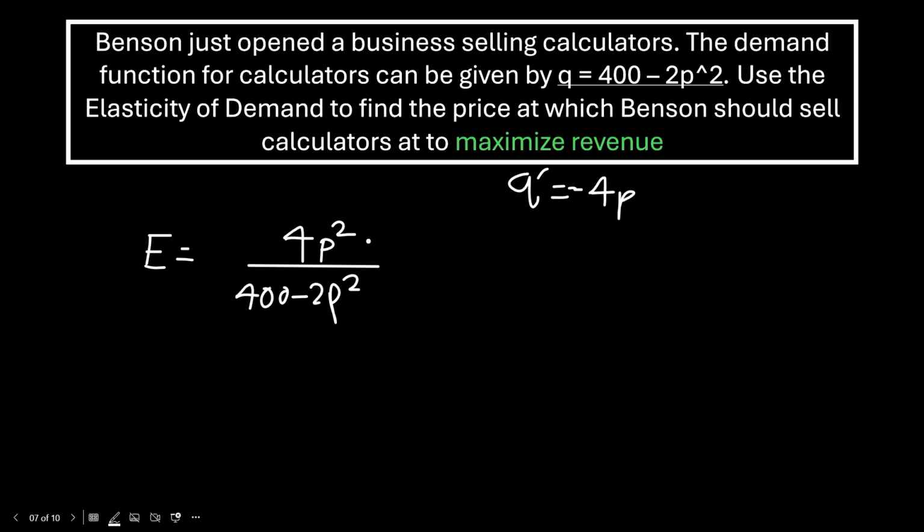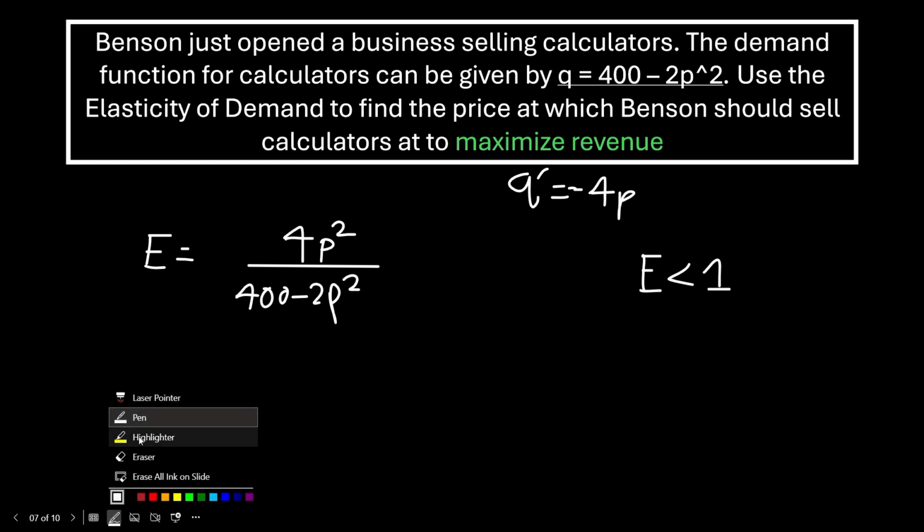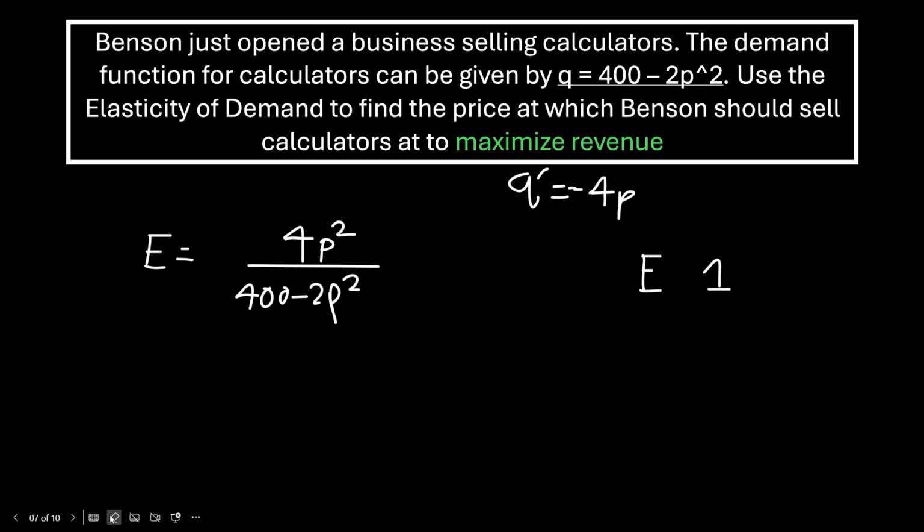So how do we find the maximum revenue from this? Well, remember our elasticity definitions. If E is less than 1, then we can always increase prices. If E is greater than 1, then we can always decrease prices.